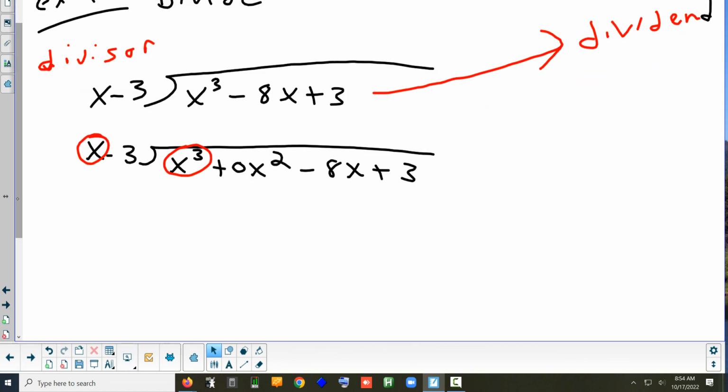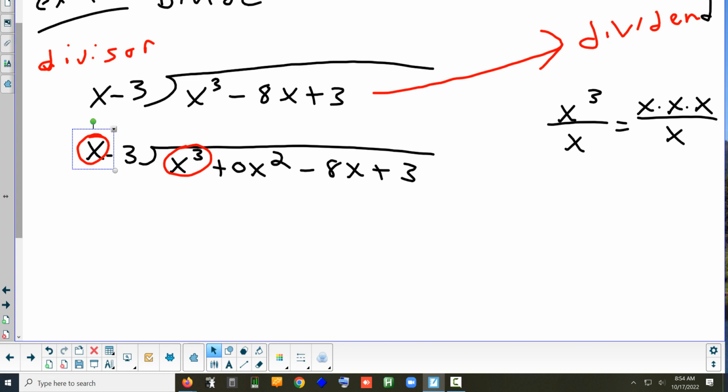So if you want to think off to the side, what you're really doing is this. X cubed divided by x. Can anybody tell me, what does that come out to? What's x cubed divided by x? X to the second. If you get stuck on it, you can always write it out the long way. X cubed means x times x times x.